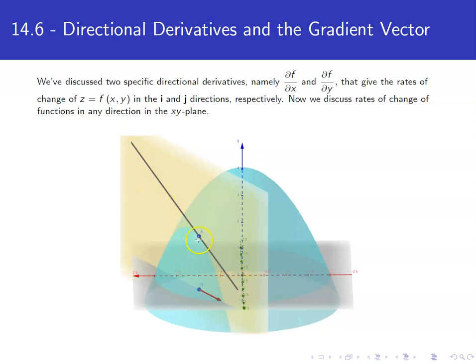So this black line here is in this plane, and it's tangent to the surface at the point A. The point A lies directly above the point B, so we're taking the xy coordinates associated with B, plugging into the function, and getting that point on the surface. We can calculate the slope of this line, and that's what we're going to mean by our directional derivative. The value of that slope is the rate of change of the function in this direction.